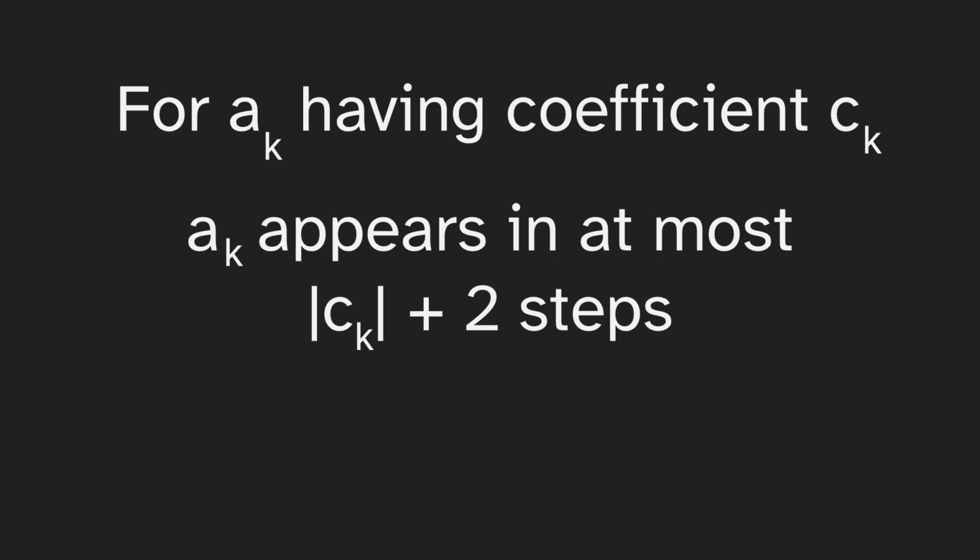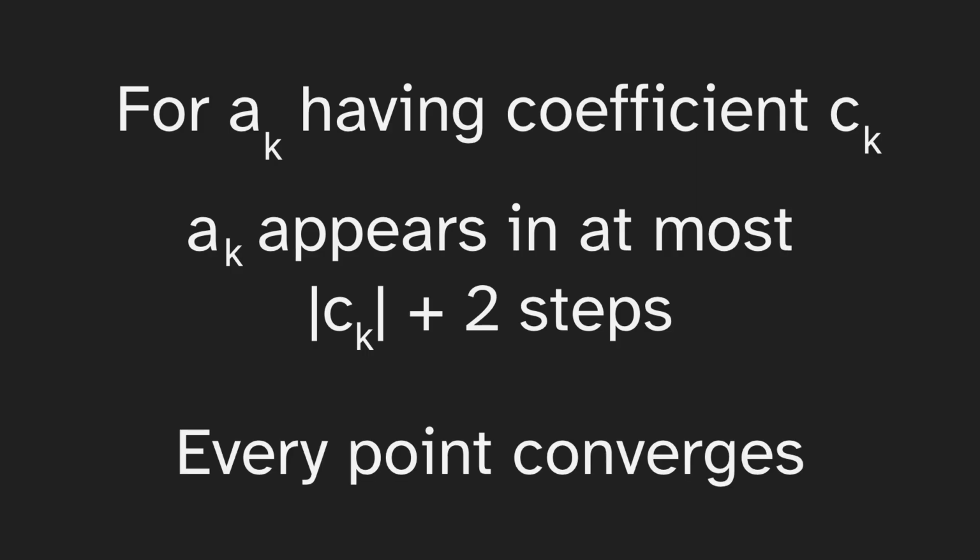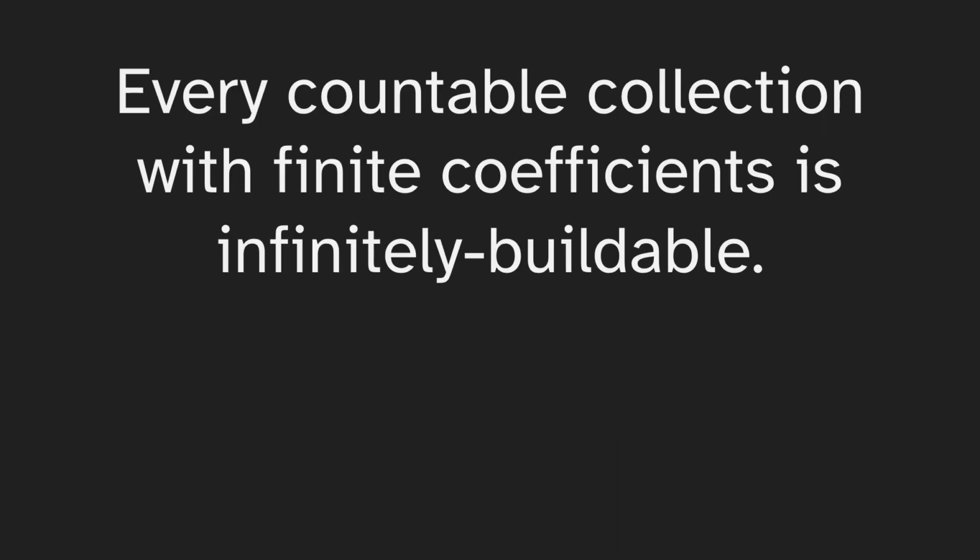But we're always checking to only use new points, so each point gets used maximally twice during this step. And so this means that every point converges, since the absolute value of c plus 2 is always finite. So every countable collection with finite coefficients is infinitely buildable.